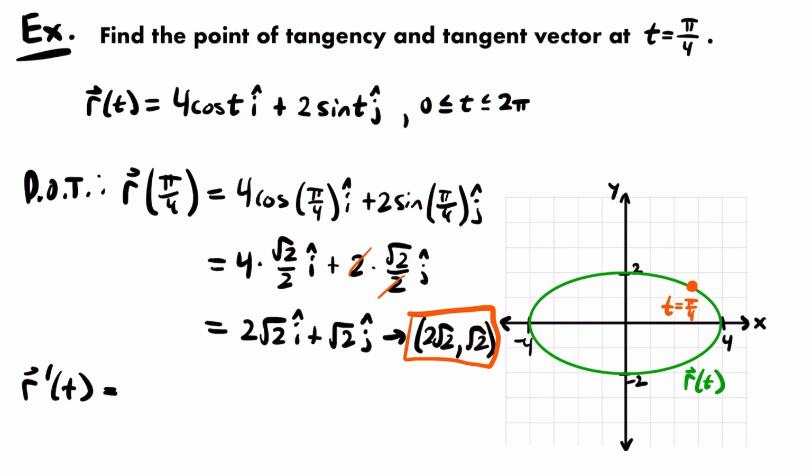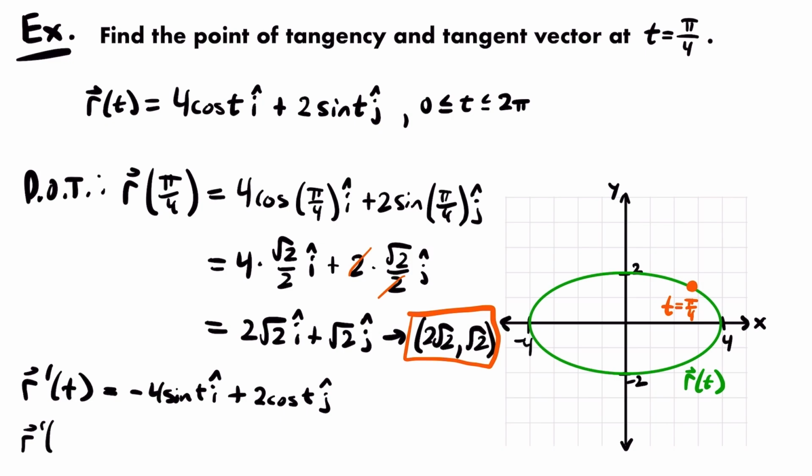The derivative of cosine is negative sine, so we'll have negative 4 times sine t times i, and then plus the derivative of 2 sine t, and the derivative of sine is cosine, so we'll have 2 times cosine t times j. All right, now what we want to do is evaluate this derivative at t equals pi divided by 4, because this derivative represents the tangent vector for any value of t on this vector function, but if we evaluate it at t equals pi divided by 4, we get the specific tangent vector for that value of t.